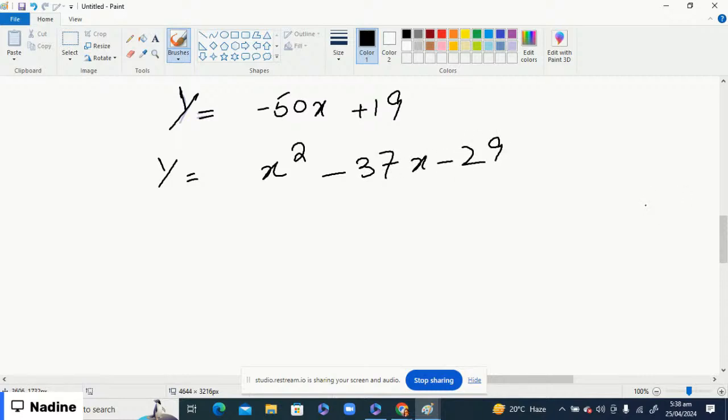So how can we find the solution of this system of equations? We notice that x square is in the form of a parabola, but there are no y square terms.